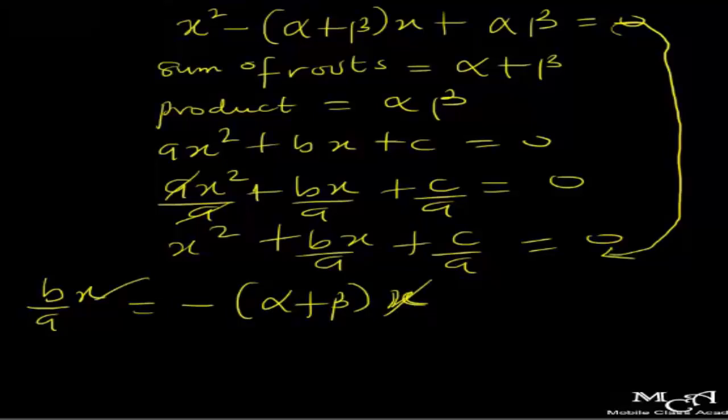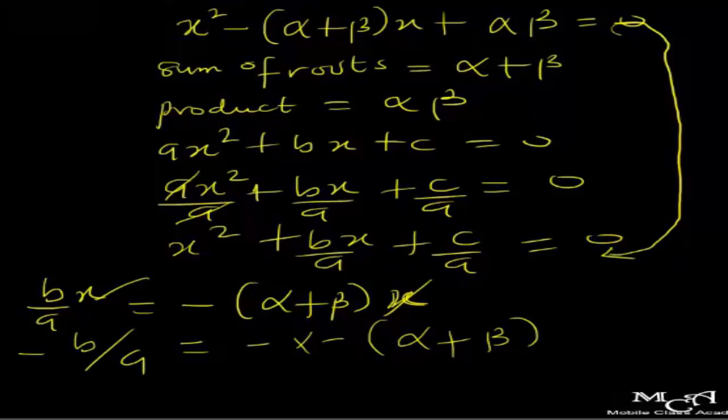I can take this minus, multiplying the alpha plus beta, and of course when we multiply both sides by minus so that this minus goes off, I now have alpha plus beta equal to minus b over a. It therefore means that our sum of roots, alpha plus beta, is equal to minus b over a. I believe you can see how all these things are being derived.